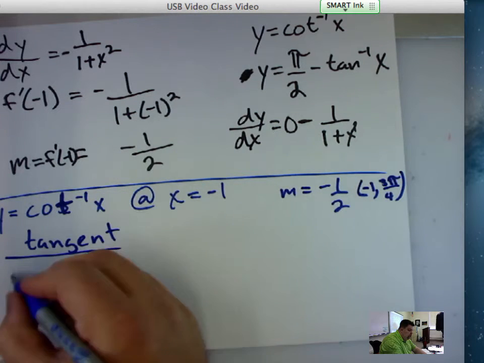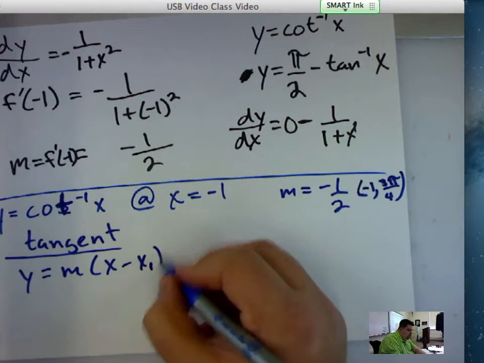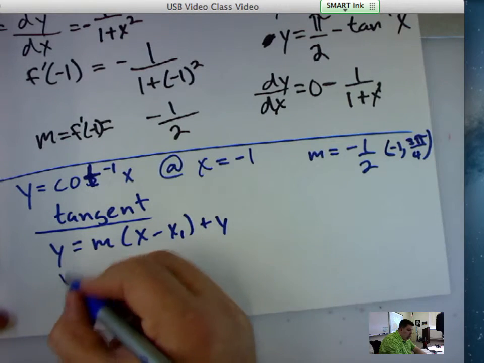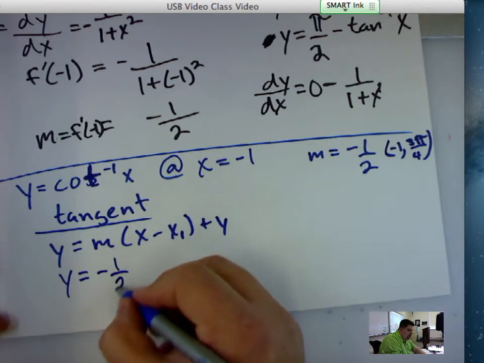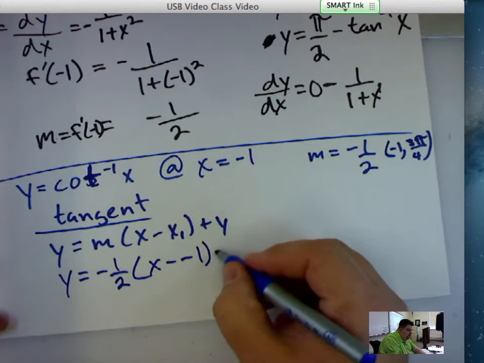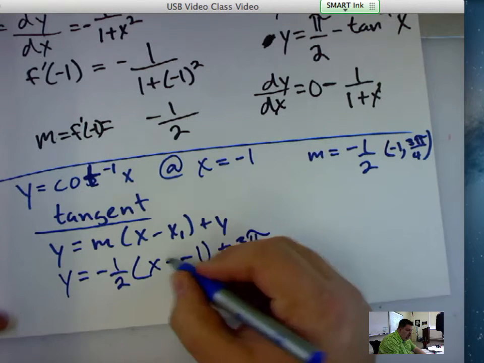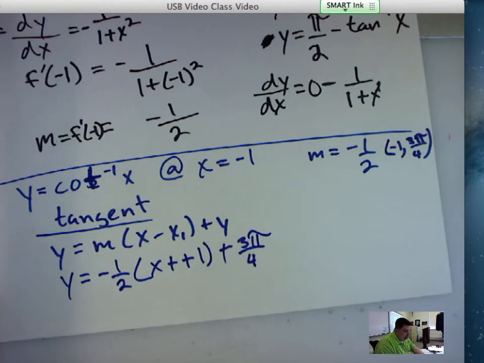y is equal to m times the quantity x minus x sub 1, plus y sub 1, or y is equal to negative 1/2 times the quantity x minus negative 1, plus 3 pi over 4. And you could probably figure out the rest from there, right?